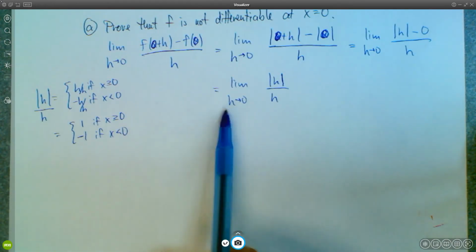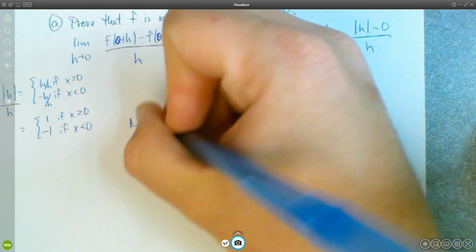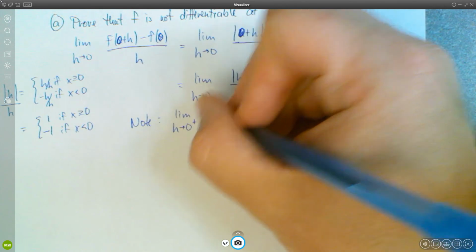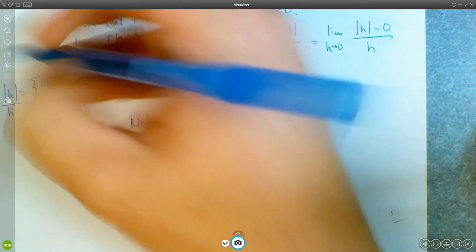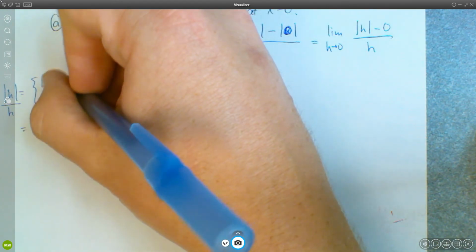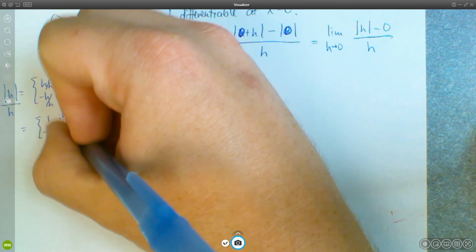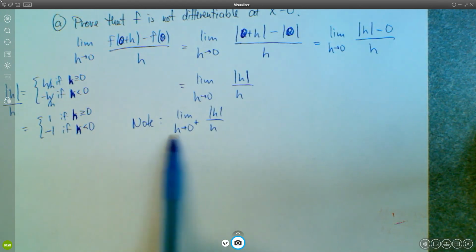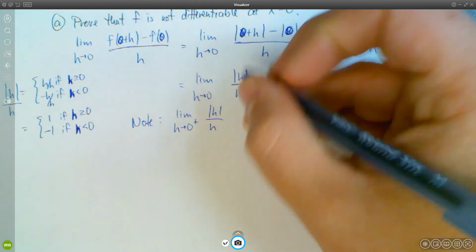So what's the limit as h approaches 0? Note that if we're approaching 0 from the right, then h is positive, and so from the right we're approaching 1.